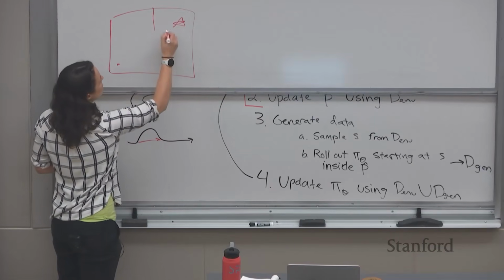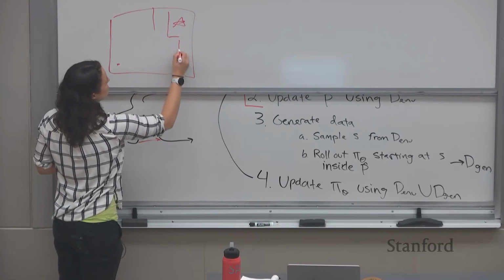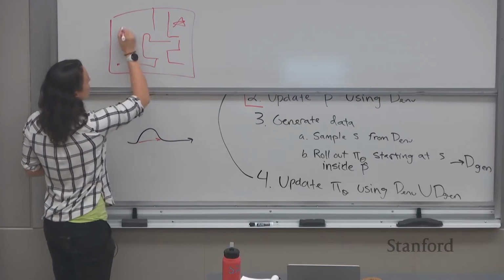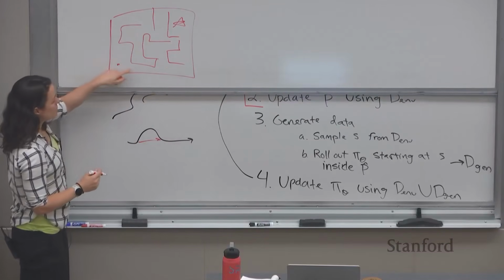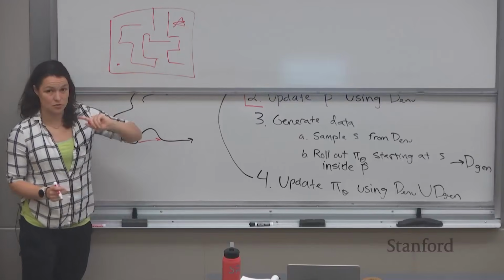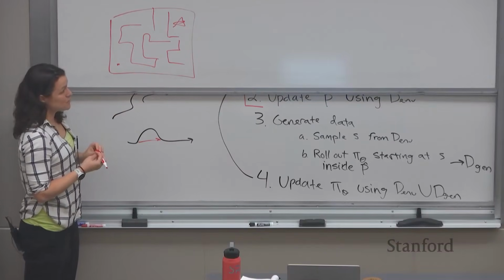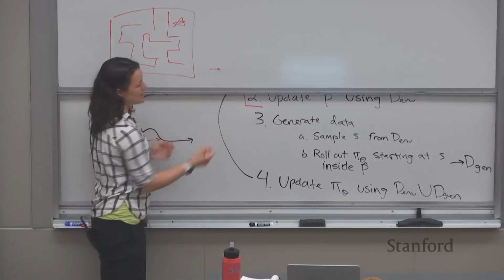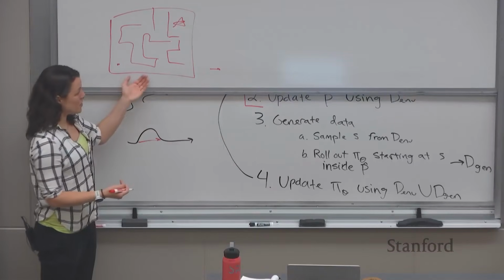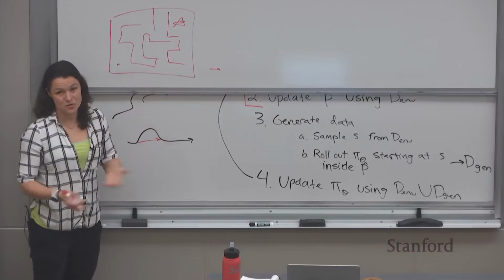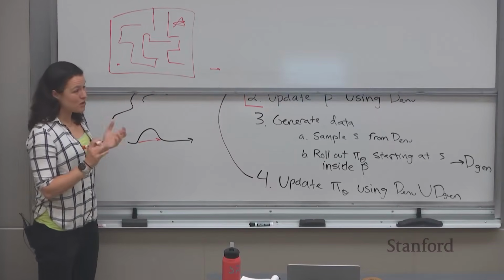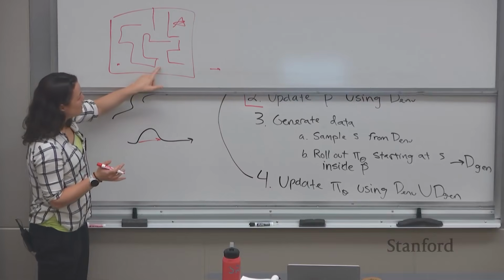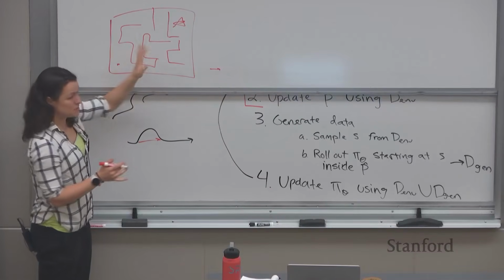Maybe there are some walls, and you need to figure out how to get through this sort of environment, and you're not able to go through the walls. In this case, the model might be quite easy to learn. You'll learn that if your action is to go right, then you'll go right unless there's a wall there. If you're going to go up and so forth, that's really easy. But the policy is really complicated because the policy is saying that, okay, if you're here, maybe you need to go in various different directions.